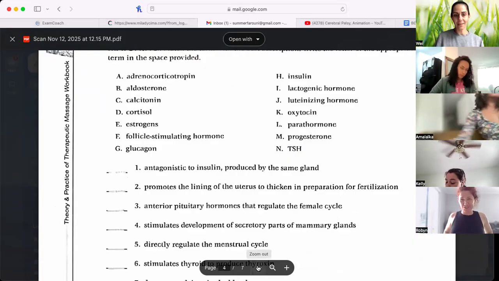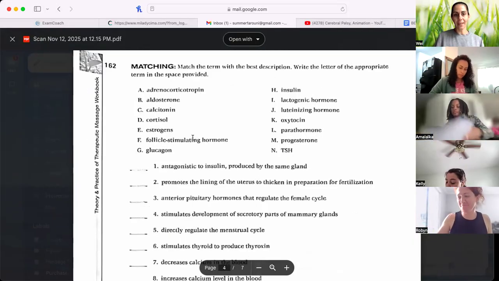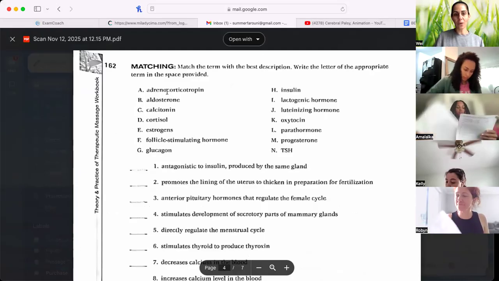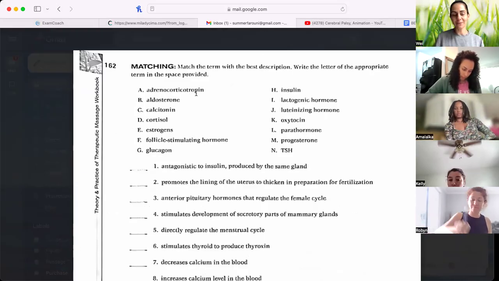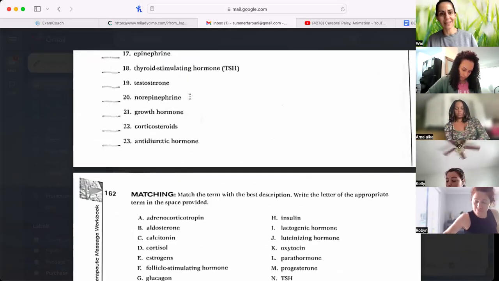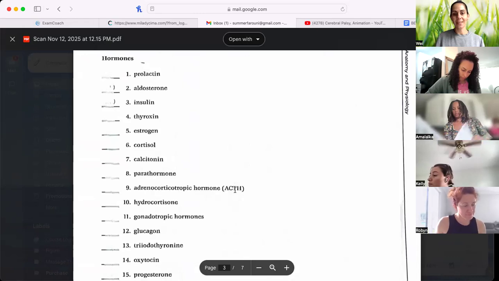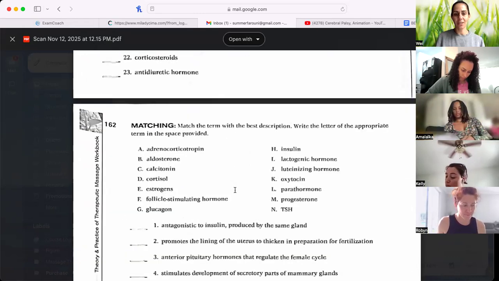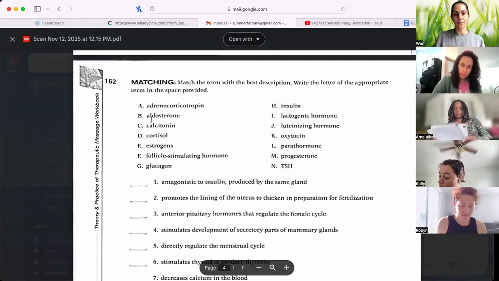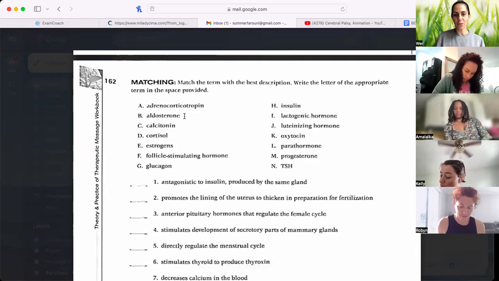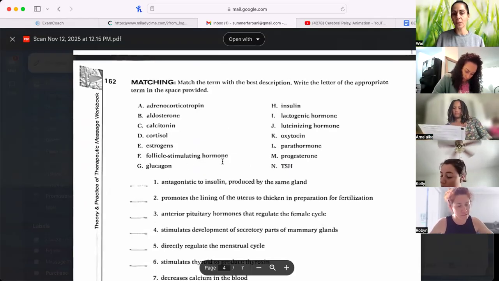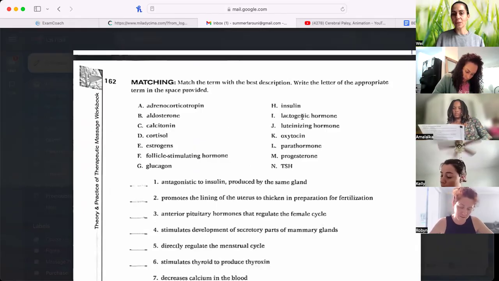Okay, so we have adrenocorticotropin. What's short for that? ACTH. Aldosterone. Now we have your other page with you, so it might help. Calcitonin, cortisol, estrogen, follicle stimulating hormone, glucagon, insulin, prolactin, luteinizing hormone.